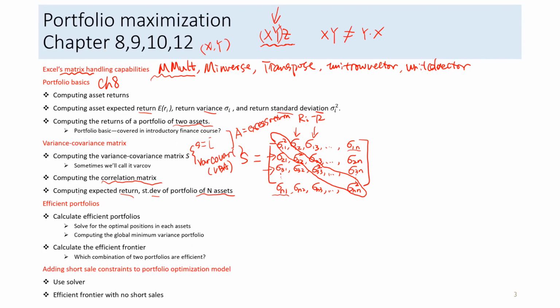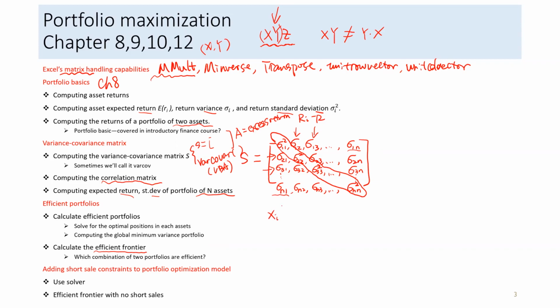So now that we have the returns and variance covariance matrix of n assets, we can further calculate the efficient portfolio. Our ultimate goal is to calculate the efficient frontier. An efficient portfolio should be a portfolio based on these n different assets. We can manually come up with some combination of these n assets with some weights.